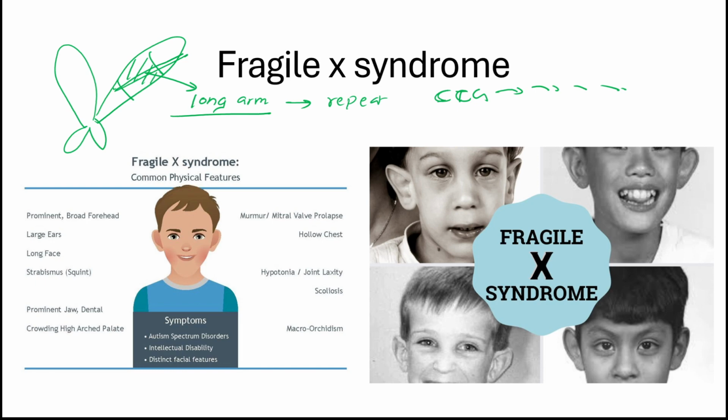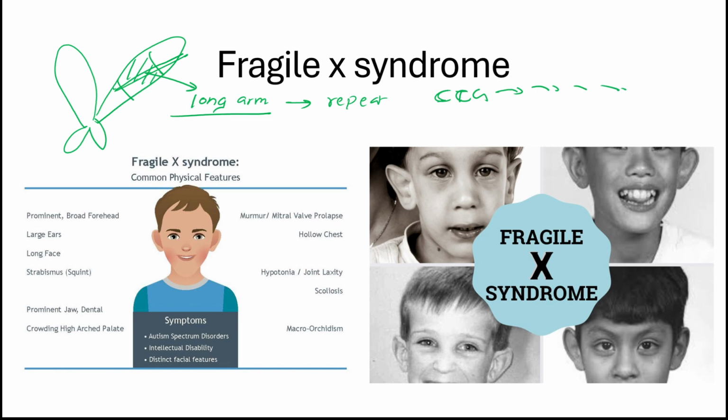Because of that fragile nature, it will have manifestations, particularly in the nervous system, where it will not allow the production of certain proteins. Therefore, such individuals who have this particular disease will show intellectual disability with autism spectrum disorders.